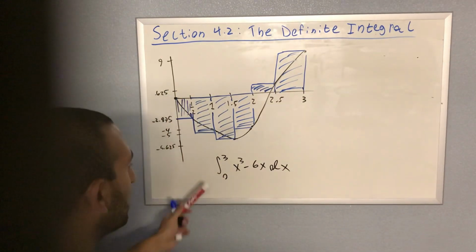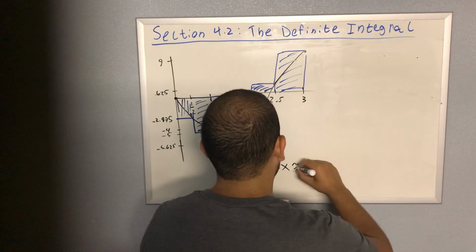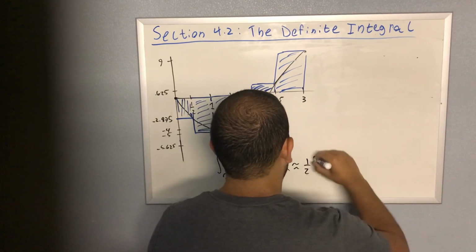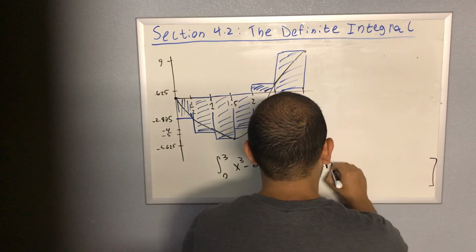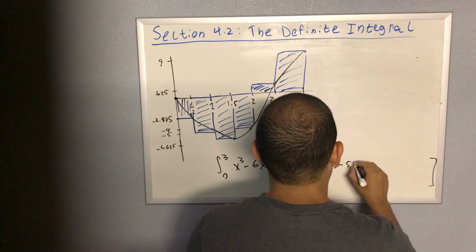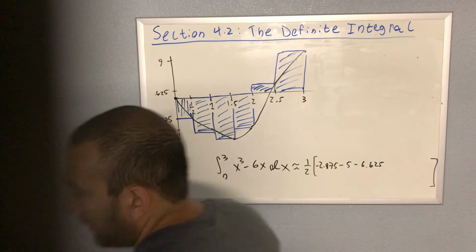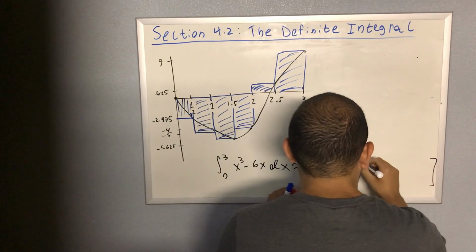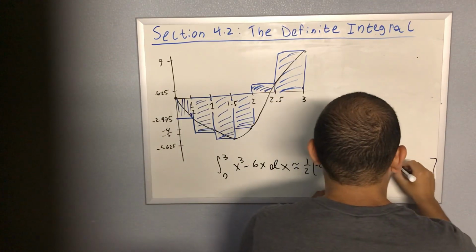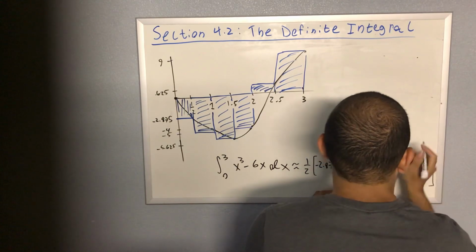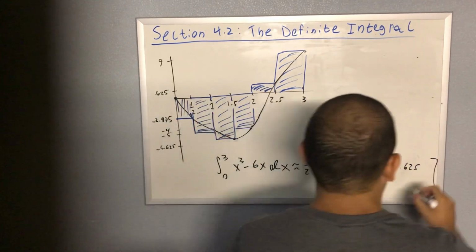So you read this as the integral from 0 to 3 of x cubed minus 6x is approximately going to be 1/2 times negative 2.875 minus 5 minus 5.625 minus 4 plus 0.625 and then last but not least plus 9.